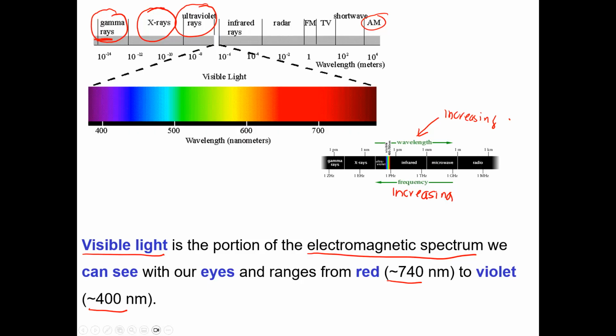At wavelengths a little bit longer than ultraviolet, we get into what we call the visible region of the spectrum. That starts at violet, and as the wavelength gets longer, it ends in the red region of the electromagnetic spectrum.